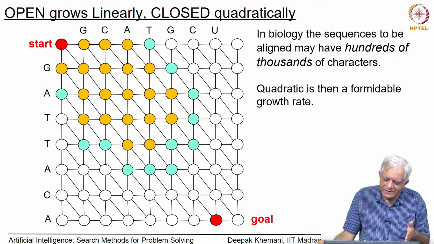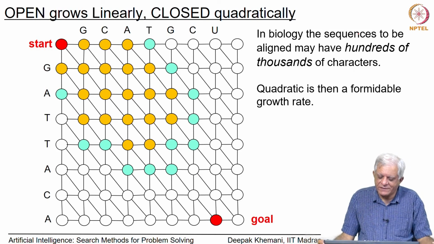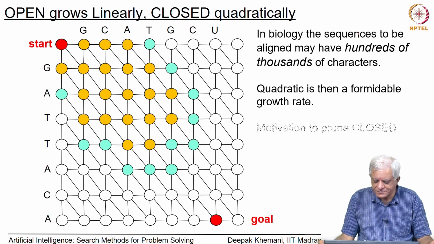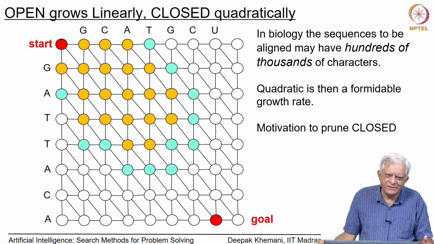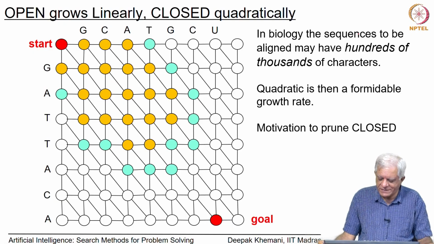And if the input strings are very long, then if we can cut down on this quadratic closed list, we can handle even larger strings. So, that is going to be the motivation for us to look at admissible variations of A star, where we can cut down on the closed list.